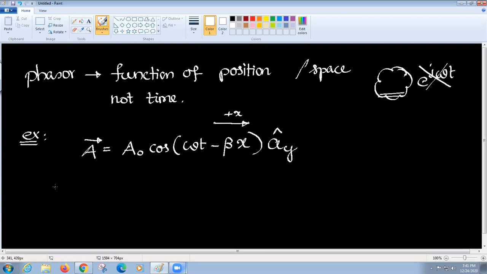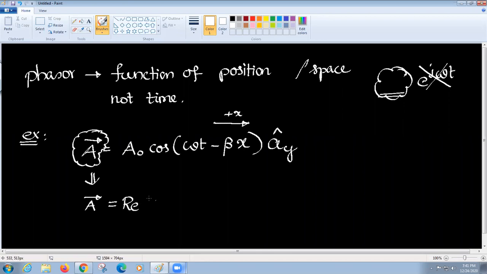Now instead of taking current, I'm taking my physical quantity as a field quantity. Some field quantity is this, and I want to express it so that both the instantaneous and phasor forms are in one equation.